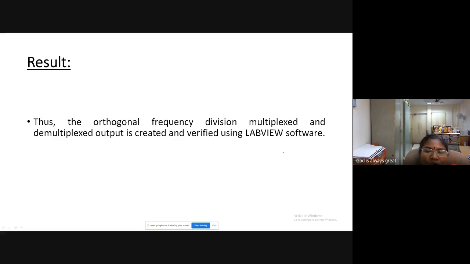But once you code using LabVIEW, you will have the experience of utilizing hardware elements like a demultiplexer, multiplexer, bit to word converter, word to bit converter, parallel to serial converter, serial to parallel converters, etc.